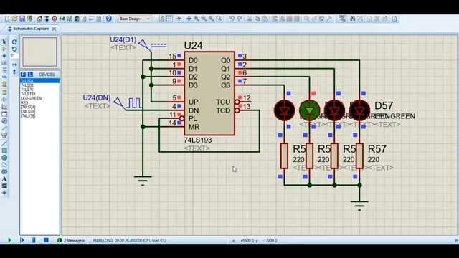But if you recall earlier, it was mentioned that this pin, the borrow out, or sometimes called the TCD or terminal countdown pin, is always 1 and only becomes 0 when the count is between 0, 0, 0, 0 or binary 0 and 1111 or binary 15 during a countdown operation.